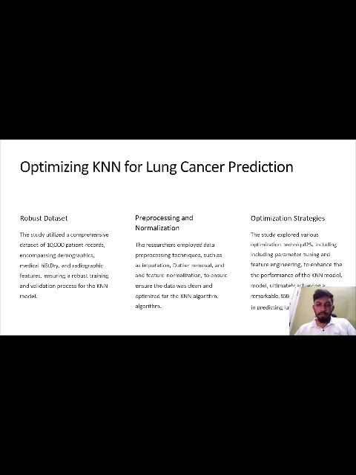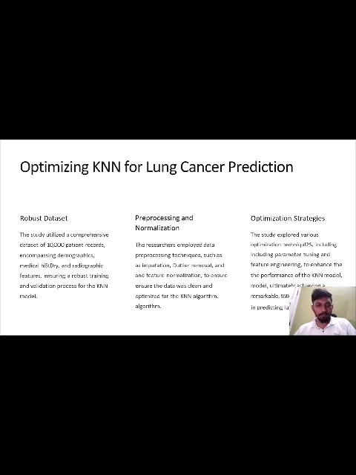Preprocessing and normalization: the researchers employed data preprocessing techniques such as imputation and feature normalization to ensure the data was clean and optimized for the KNN algorithm. Optimization strategies. The study explored various optimization techniques, including parameter tuning and feature engineering, to enhance the performance of the KNN model.